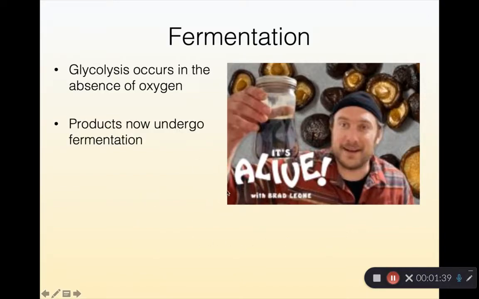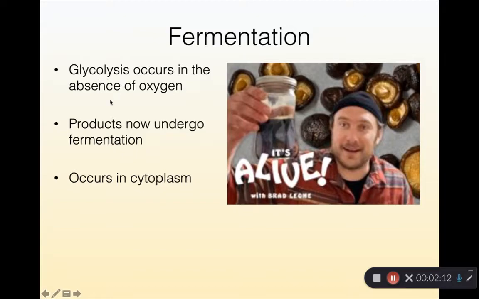So we're going to talk about what is happening at a cellular level. We know that the very first step of aerobic respiration occurs in the absence of oxygen, and that is what the process of fermentation makes use of: this step, glycolysis. In fermentation, we are strictly looking at glycolysis.